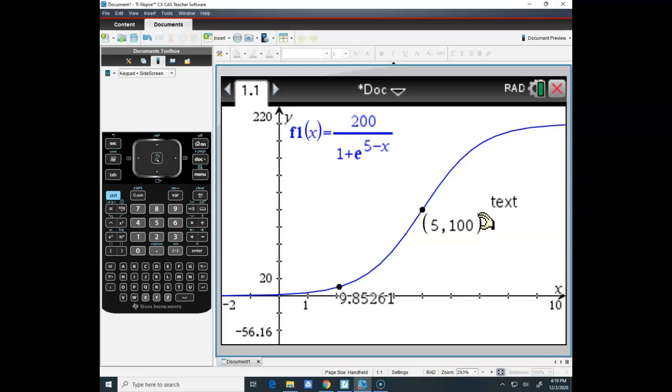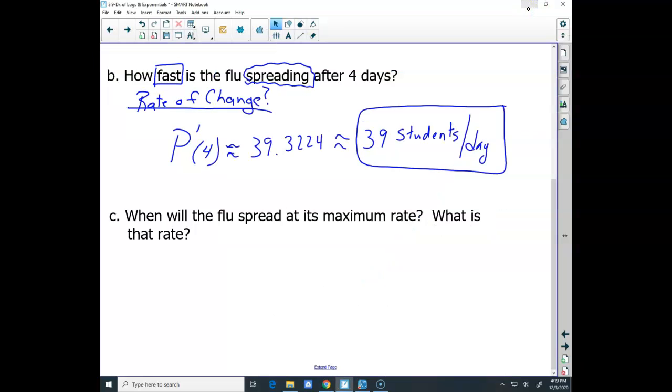And what is it? Well, the point is 5 days in. It's going to spread at its maximum rate 5 days in, okay? And what is the greatest spread rate? 100 people per day. When will the flu spread at its maximum rate?